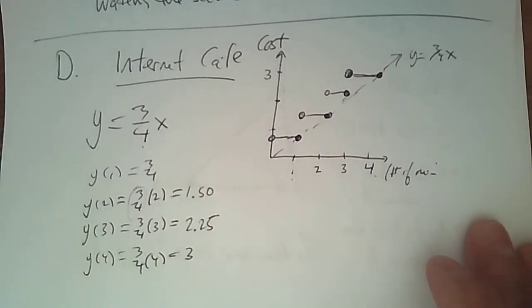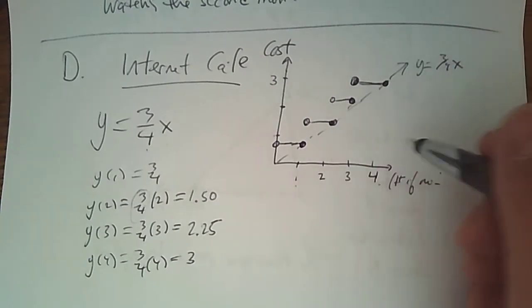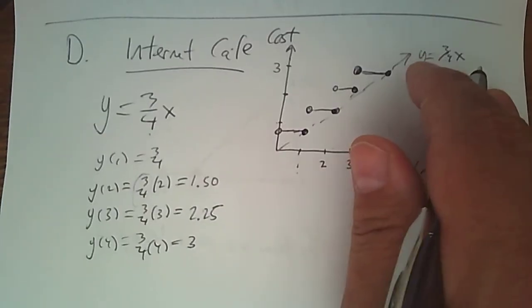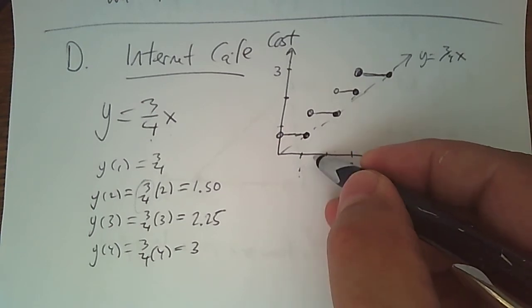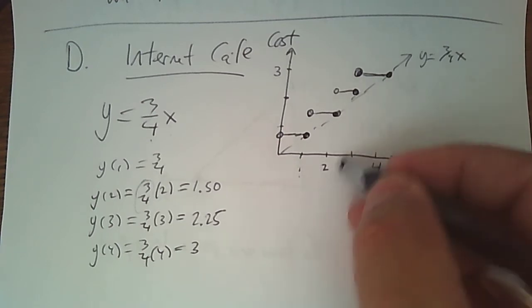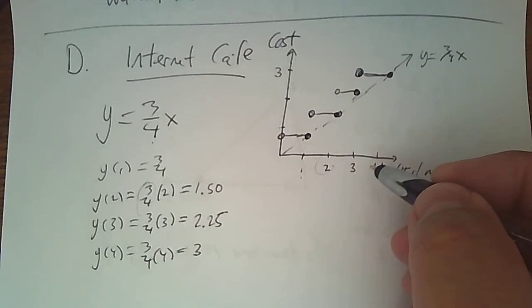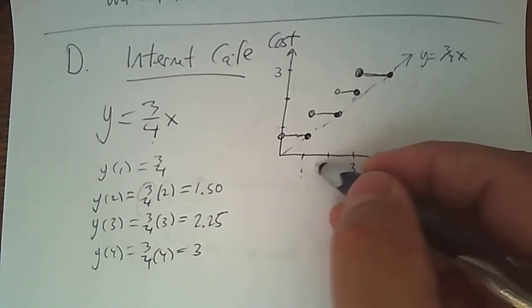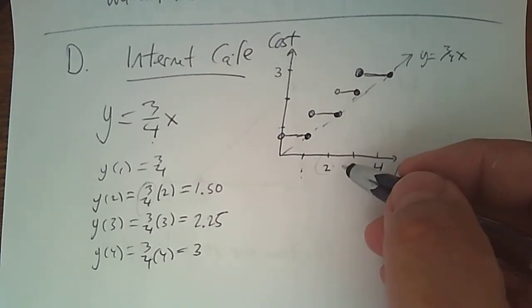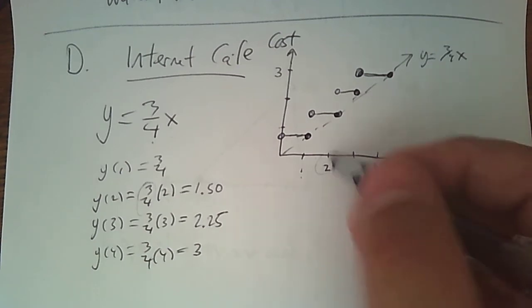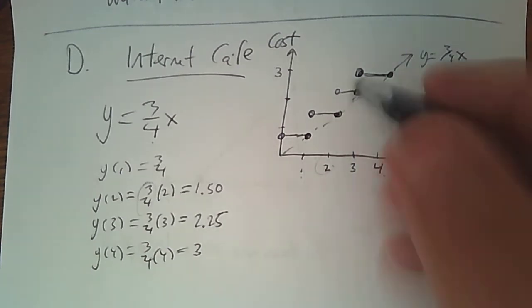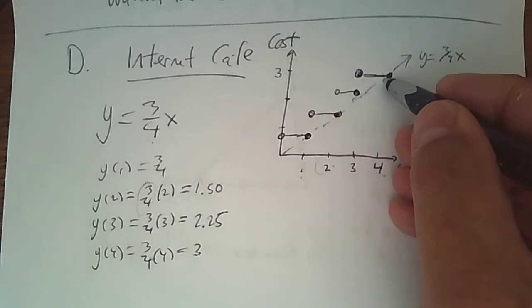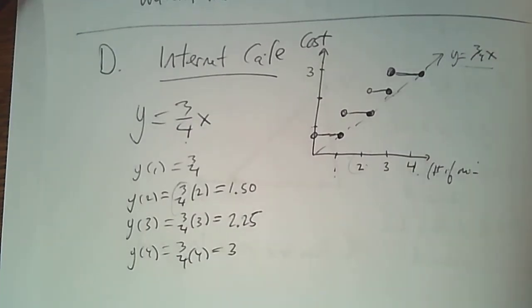But in our real world situation, it's not continuous in our understanding of how it would be charged. So if you used 1 minute and 30 seconds, they're just going to charge you 2 minutes. So every minute you get charged that. If you're in between minutes, they're just going to round up to the nearest minute. That is real life. It's going to be more like a step when you look at it. But if you connect the ends of the steps, that would make the line 3/4 x.